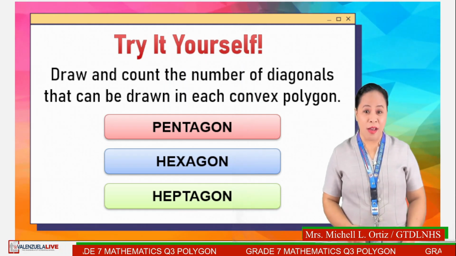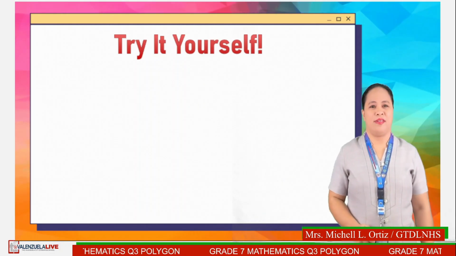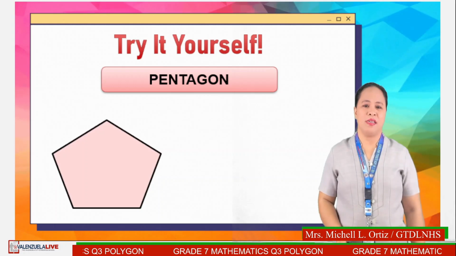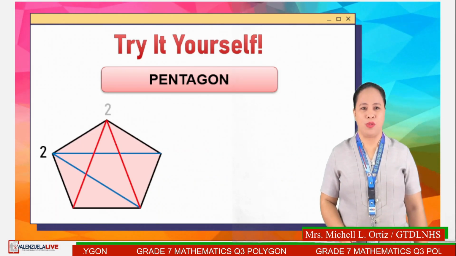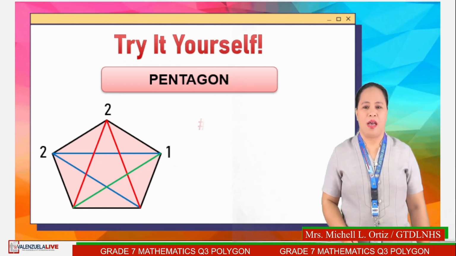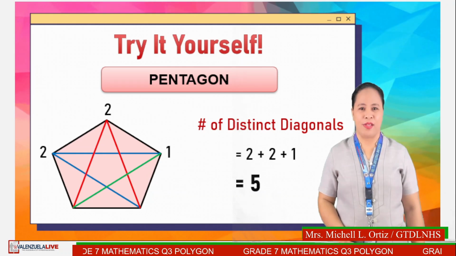Were you able to count how many diagonals they have? In a pentagon, it has 2 plus 2 plus 1. A pentagon has a total of 5 diagonals.